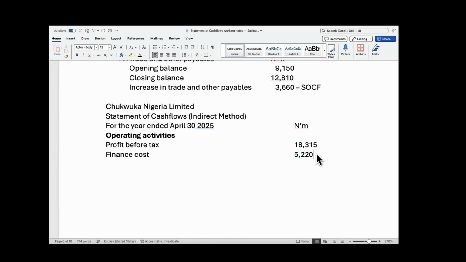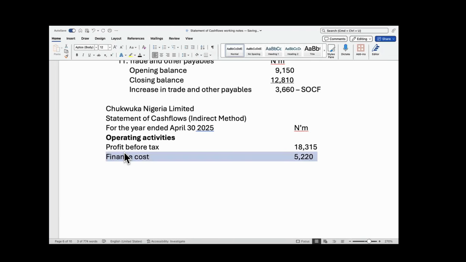That is why in some cases, I like to start from profit from operations. So I will then treat my finance cost where I want to directly without having to make this adjustment first, because this confuses some people at times. Why are you adding it back and all of that? Because when I add it here, I will still go and remove it.